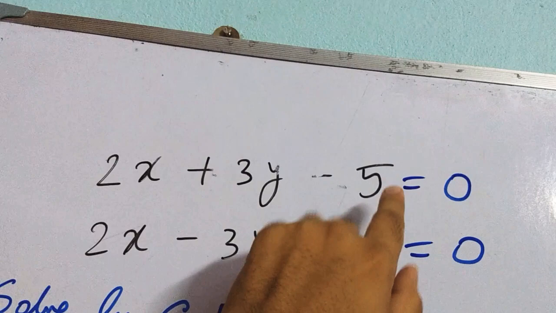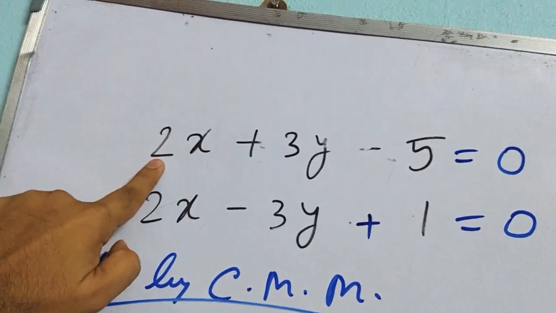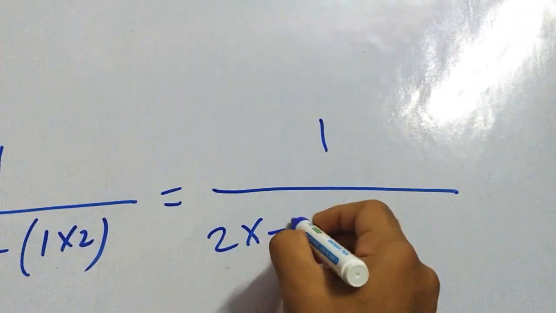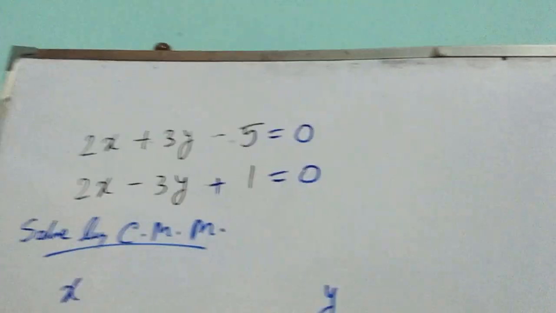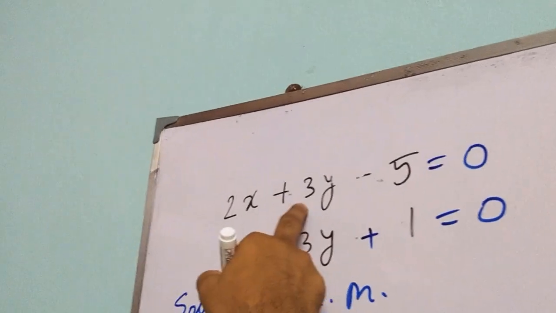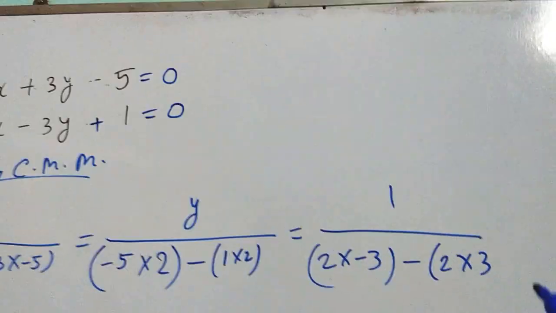So the first term will be 2: 2 into minus 3, minus of 2 into 3.